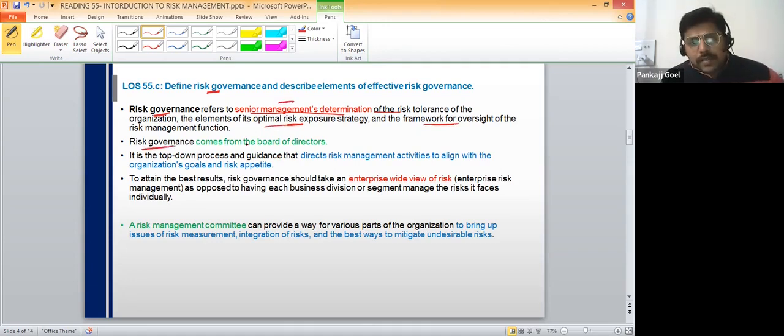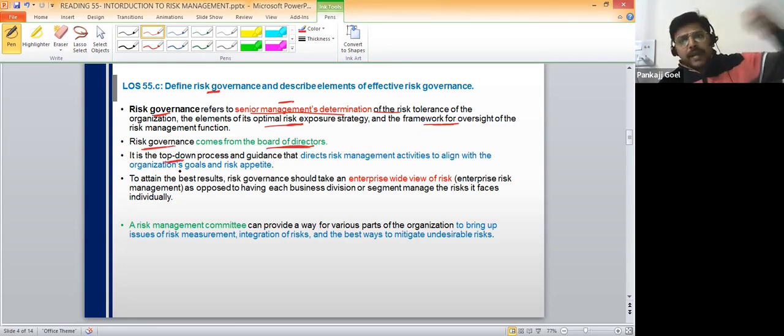So risk governance comes from the board of directors. This is a top-down approach. Top management decide and provide the guidance. They say, okay, you have to take this much risk. This particular process should have this much risk.